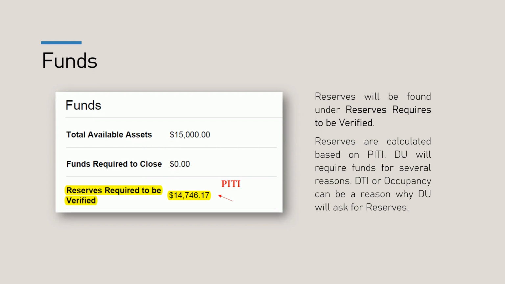But we are now on hold because we don't have sufficient funds to close. We don't have enough reserves to be able to meet the criteria of closing this deal. So if it's a purchase, super important, to make sure that you're looking at your funds to close requirements, because it's going to tell you how much you need for reserves as well.